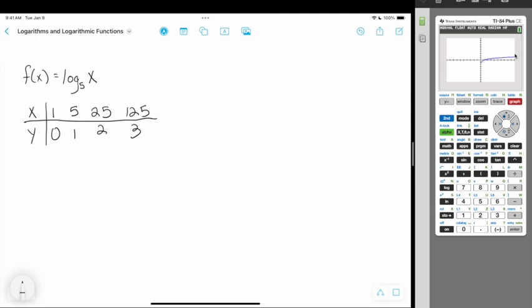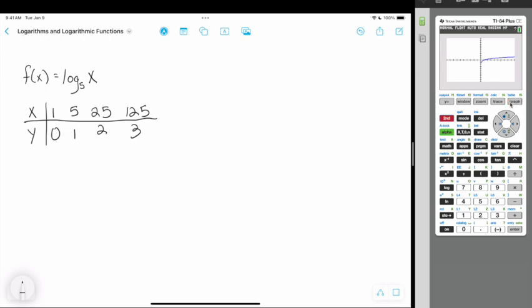So it doesn't get very tall as the x's get big, so the logarithm graph flattens out almost immediately. And so this is just a characteristic of logarithmic graphs, that they flatten out really, really quickly.